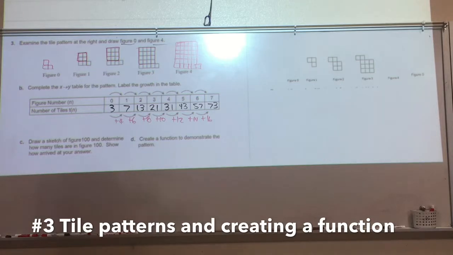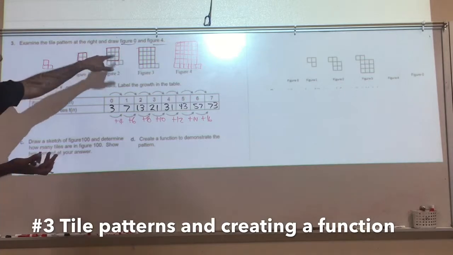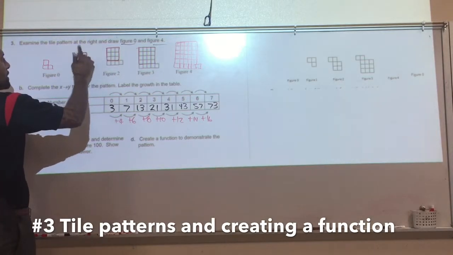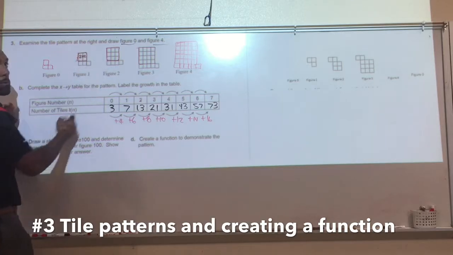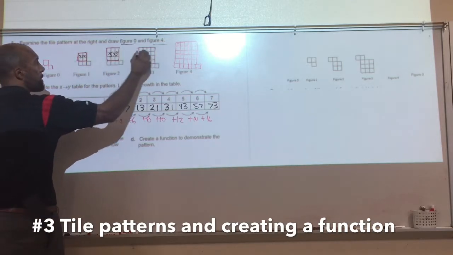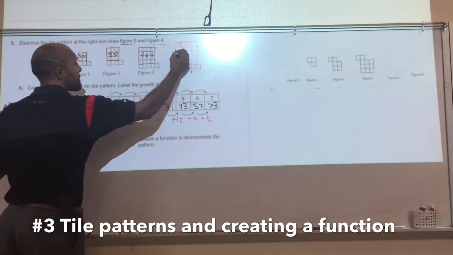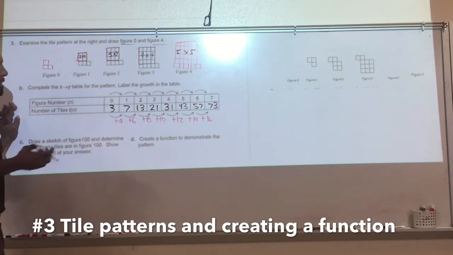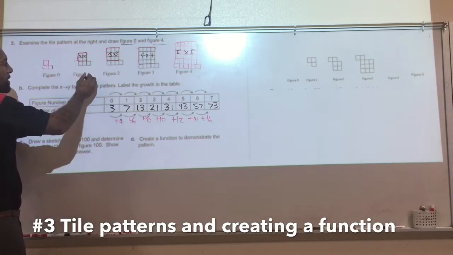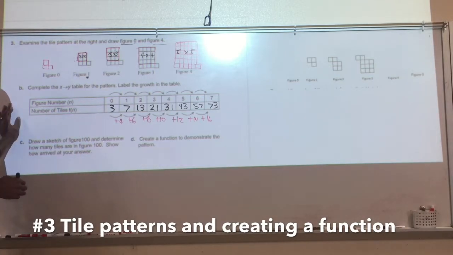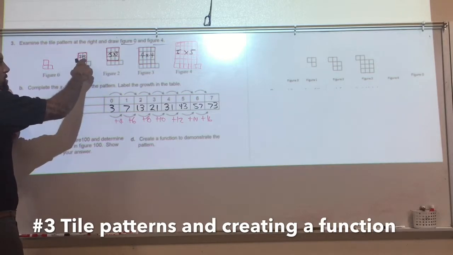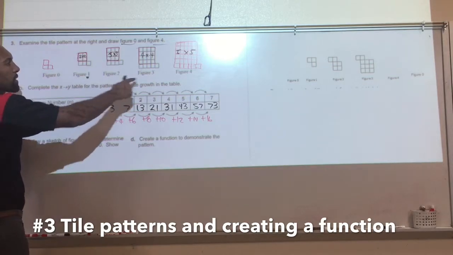I have to look for a pattern here. Looking at the tiles on the top, I notice this is 2 by 2, 3 by 3, 4 by 4, 5 by 5. So let's start there. Looking at the figure number, it's 1, and these are 2 and 2. This is figure 2, with 3 and 3.